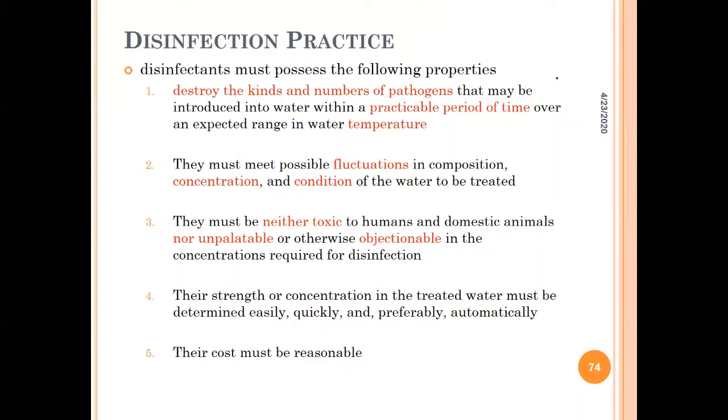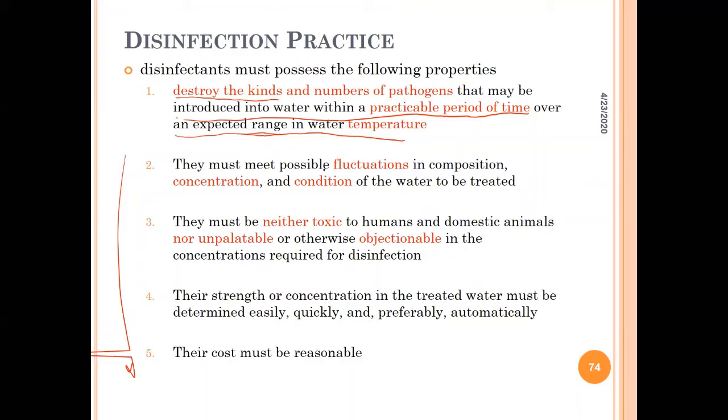The disinfectant which we want to use must have certain properties, and these properties are given here, 1 to 6. It must destroy the kind and number of pathogens that may be introduced into water within a practicable period of time, over an expected range in water temperature. So the disinfectant should be able to kill not only numbers, but the different kinds of pathogens which are usually present in water.